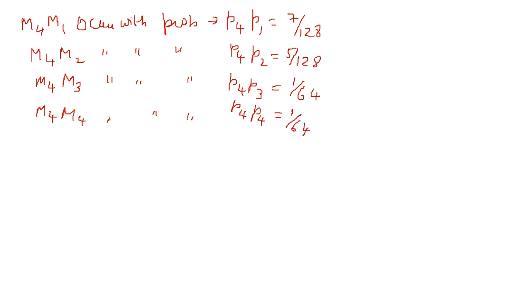Next, we'll try to find the entropy of the second order extension. We know that H of S square is given by the formula sum of J equal to 1 to 16, since we have 16 symbols, Pj log 1 by Pj. We'll substitute all the values here.